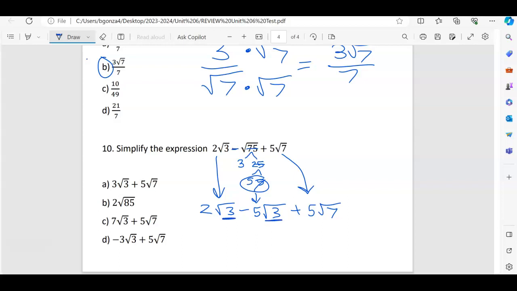These can add together. What's 2 minus 5? Negative 3 square root of 3. And then the one that doesn't match, you can bring it down, plus 5 square root of 7. All right, so you got to break it down and then combine like terms where you can. The one that doesn't match, bring it down next to it, okay?